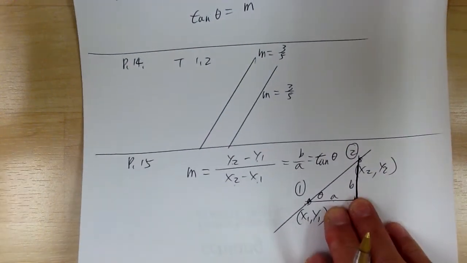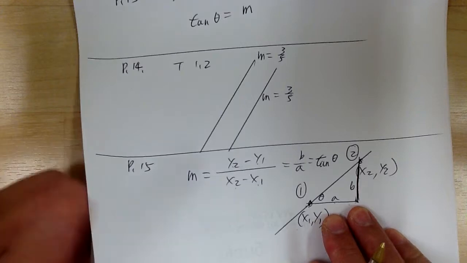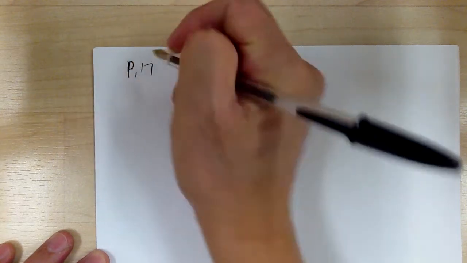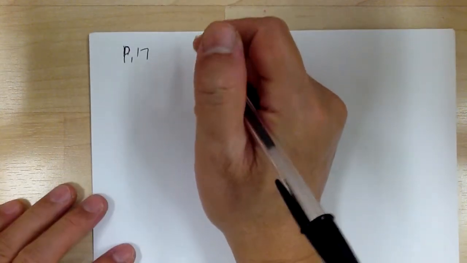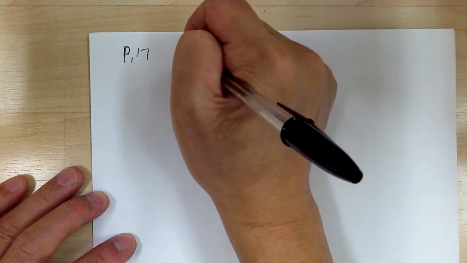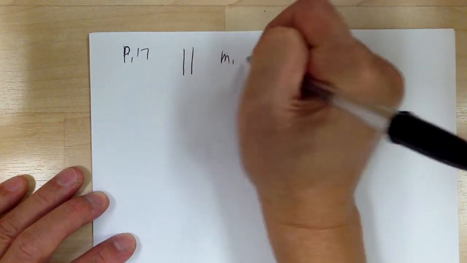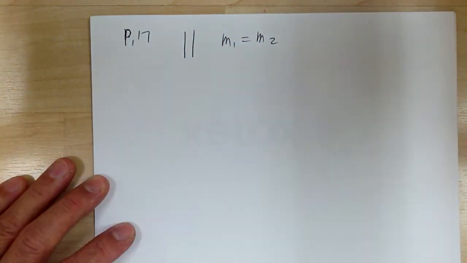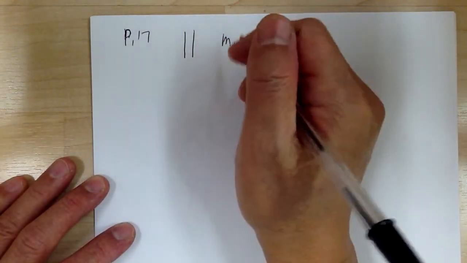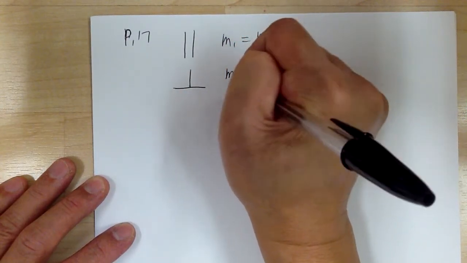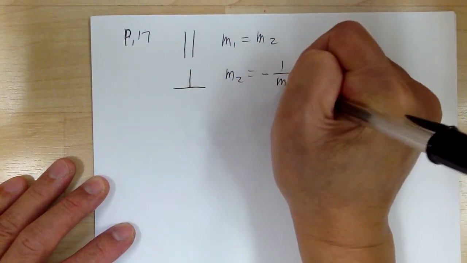Okay, now let's go to page 17. I'm going to go to the formula first. So we covered earlier, right? If two lines are parallel, then M1 equals M2, right? Now on page 17, there is another formula. That's for perpendicular lines. So if it's perpendicular, then M2 equals -1 over M1.